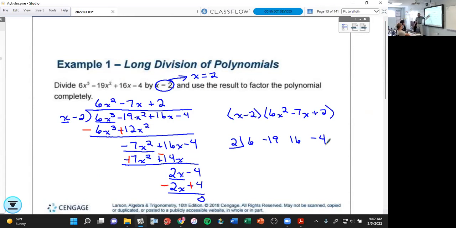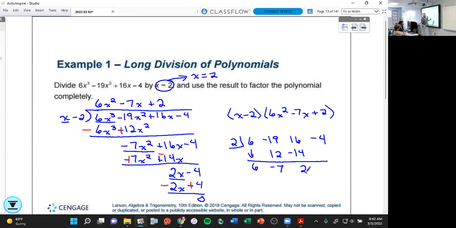I don't need any zeros, do I? Draw my line. Bring the 6 down. 2 times 6, 12. Combine. Kind of look familiar? 2 times negative 7, negative 14. Combine. 2.